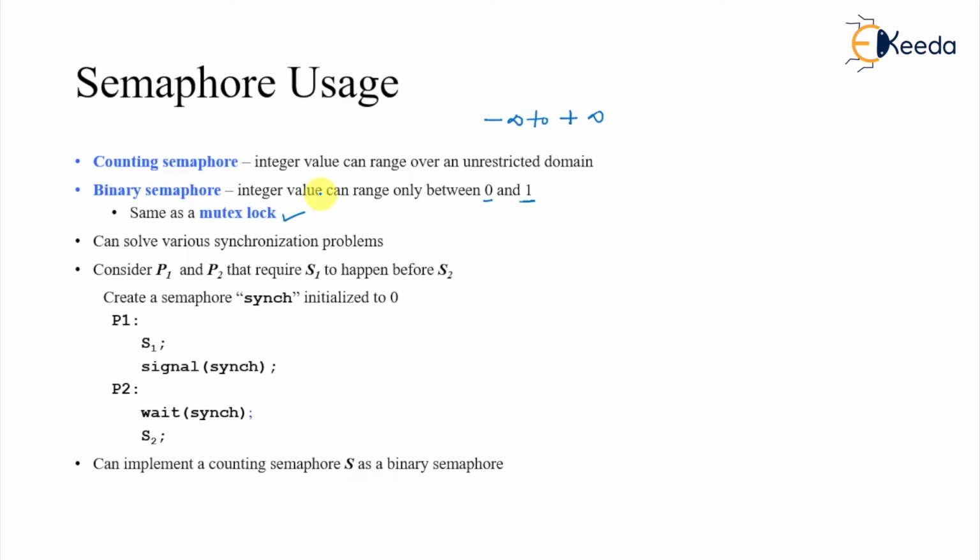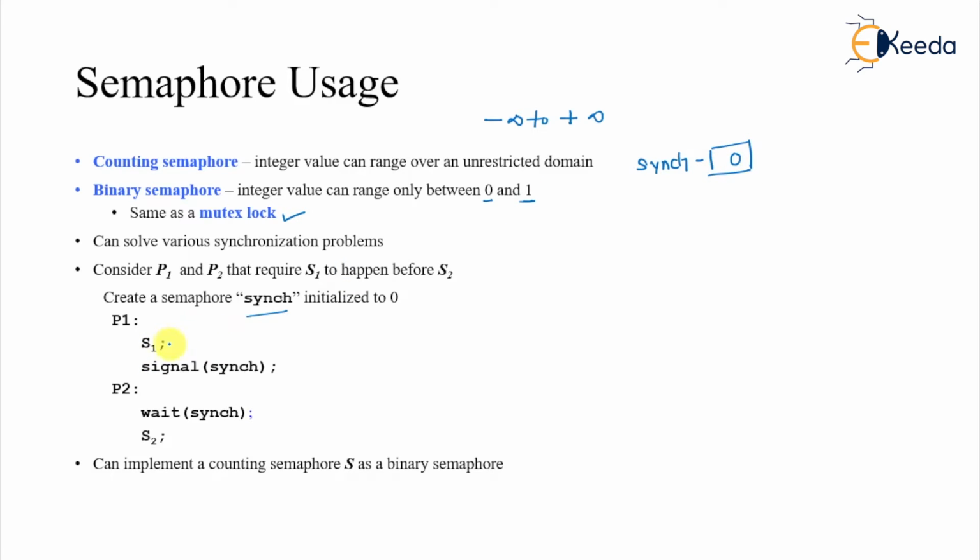Let's see an example to explain exactly what happens and how this synchronization happens. We have taken a sync variable which is initialized to 0. So we have created a semaphore with the sync variable, and currently the value is 0.